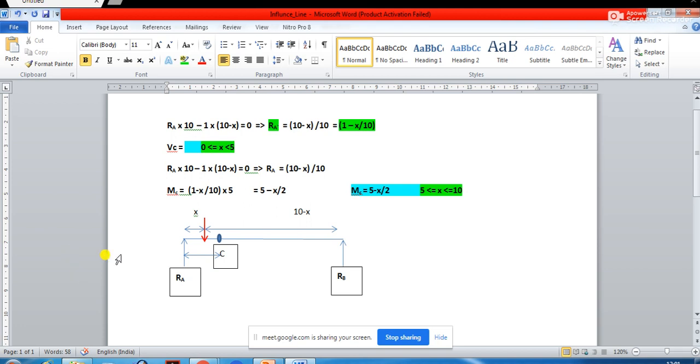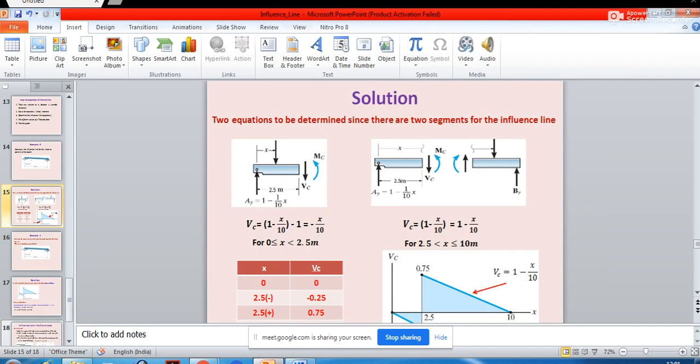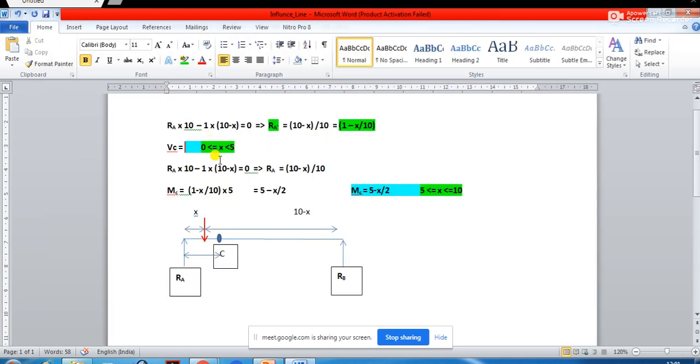So Vc is going to be, what is the reaction? Reaction is acting upward. So here also we have done it. So the reaction is going to be Ra. So Ra is nothing but in this case 1 minus x upon 10. Anything else will be there to find out Vc? How do I find out Vc?